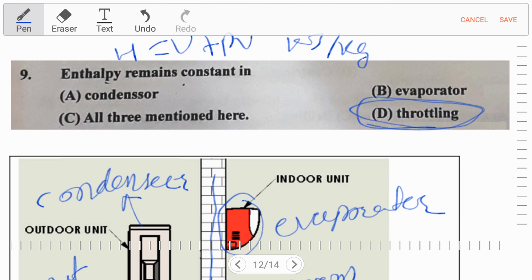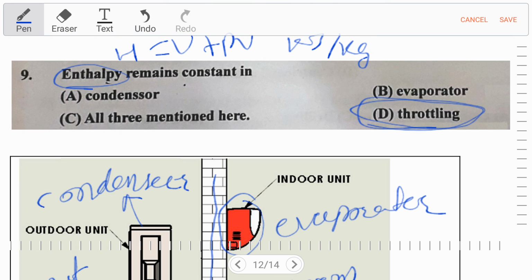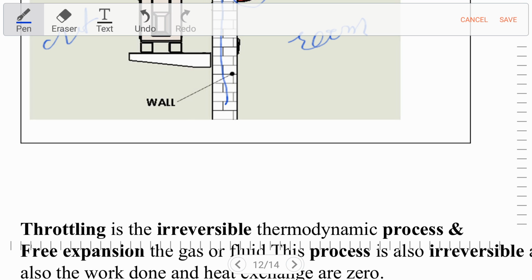So enthalpy remains constant in the throttling process.